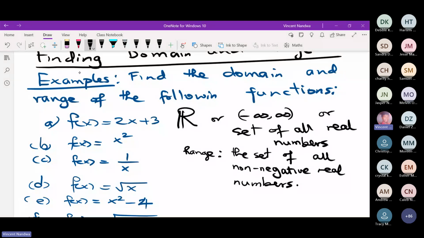The key term is non-negative real numbers, or you can put it in interval notation as from 0 to infinity, with a square bracket to show that 0 is part of the set. So the range of the function f of x equals x squared is the set of all real numbers from 0 inclusive to infinity. It's not possible to get negative numbers after squaring any real number.